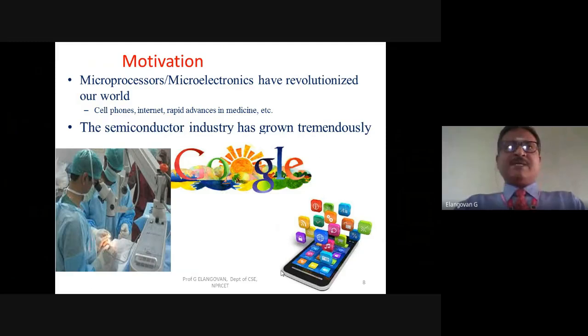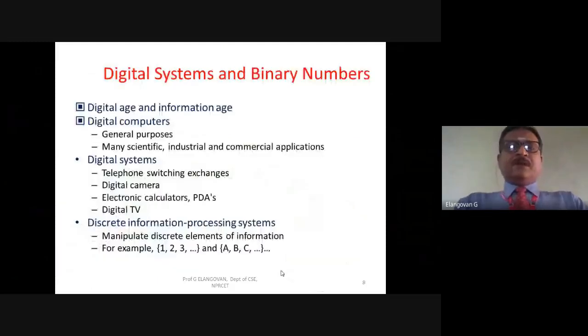And parallelly, semiconductor development also helped the development of the digital field. So from the digital system, we can understand that the telephone, digital cameras, calculators and much more are all digital systems, as I mentioned already.